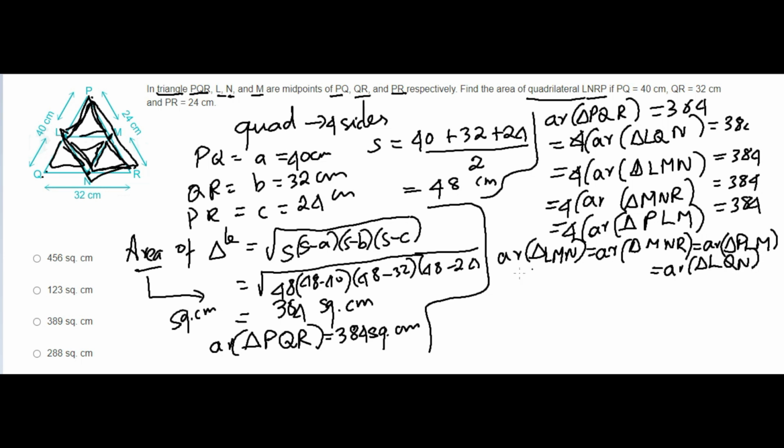Is it right? So that implies we can have 384 divided by 4, because all are equal to 4 times 4 times 4, because it's a quadrilateral.